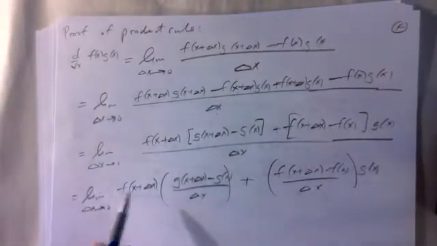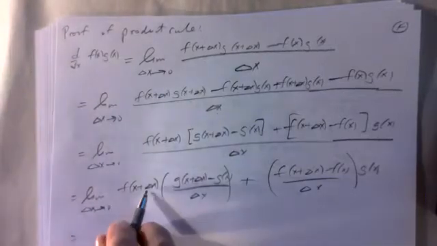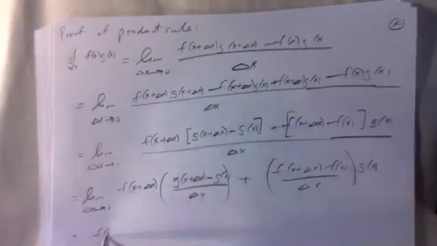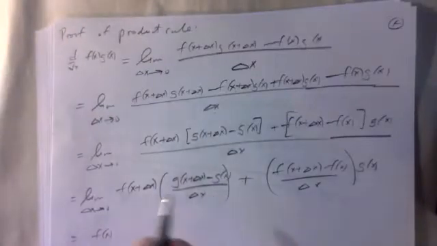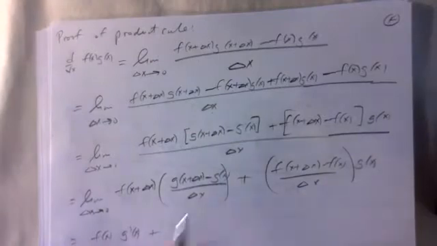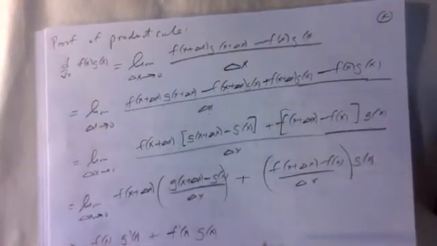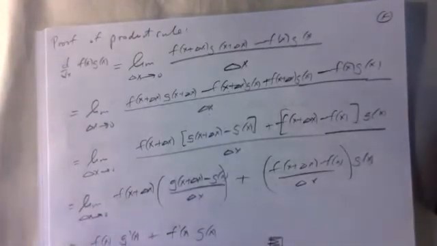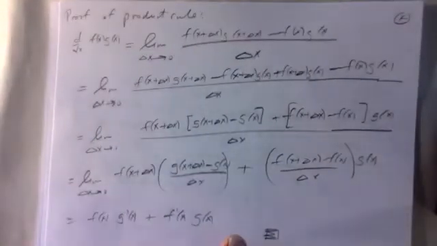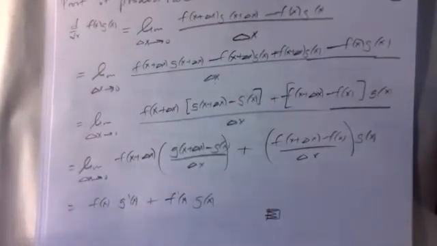And as delta x goes to 0, f of x plus delta x approaches f of x. This just gives you the derivative of g. This gives you the derivative of f times g of x. So there is a completely rigorous proof of the product rule.